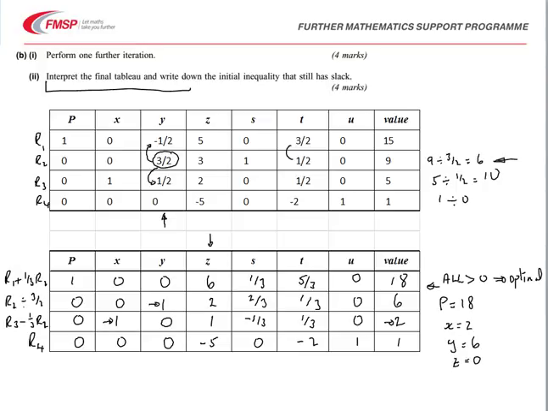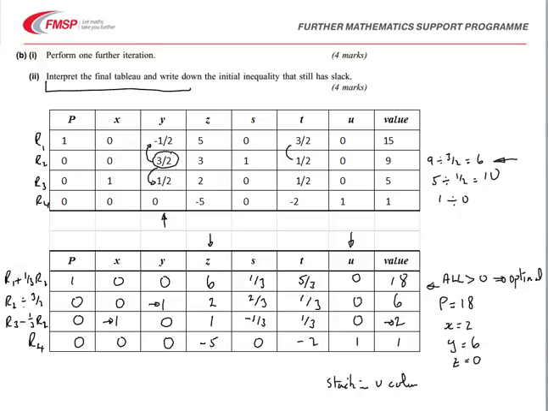But the column which has 1 in here and zeros is the U column, and therefore that's the inequality which has still got some slack. So we've got therefore the slack variable in the U column.